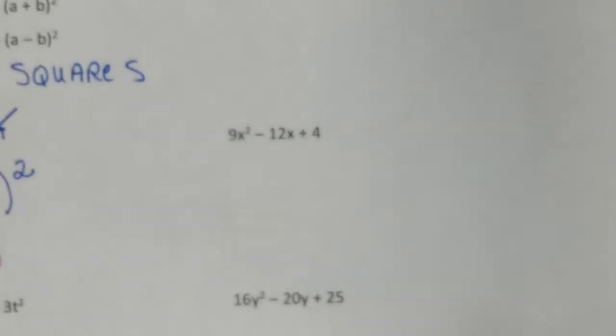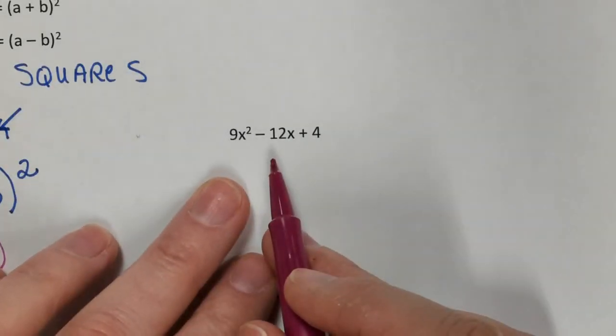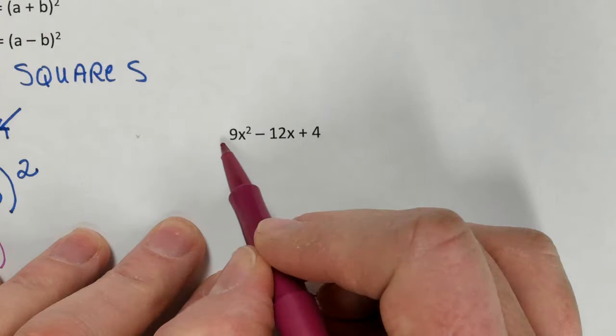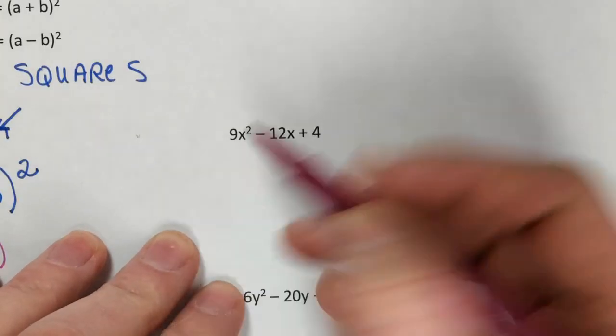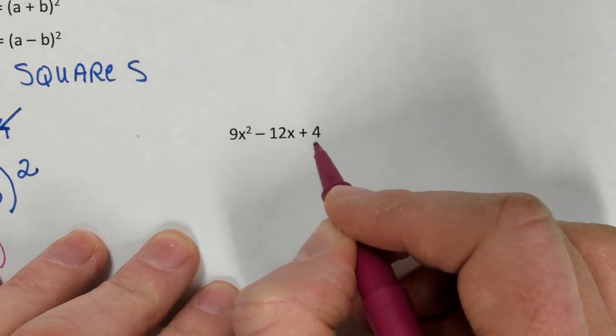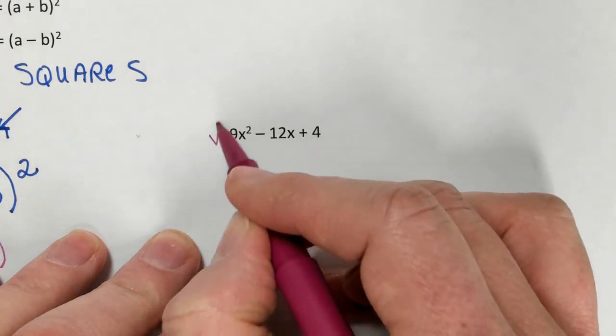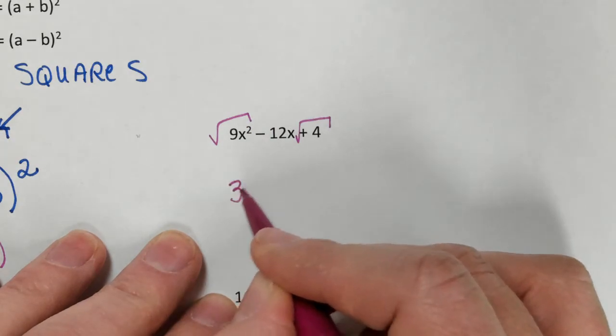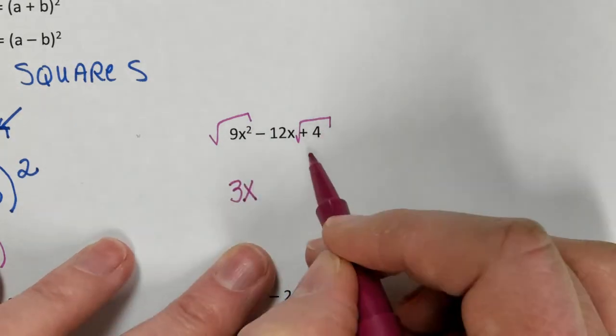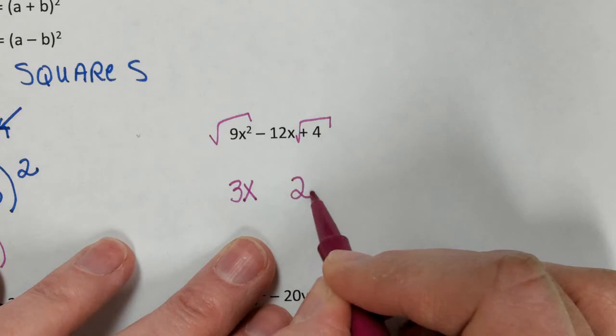Let's test to see if it's a perfect square trinomial. Is the first term a perfect square? Yes, it is. Is the last term a perfect square? Yes, it is. So let's take the square root of each one. That would be 3x. The square root of 4 would be 2.